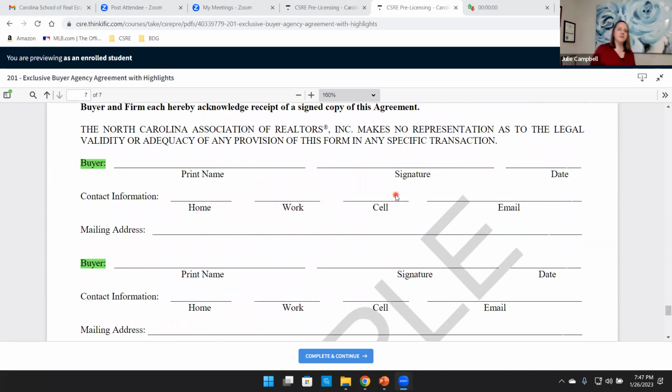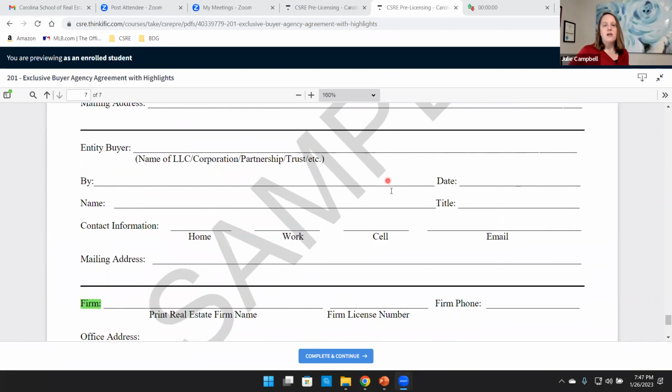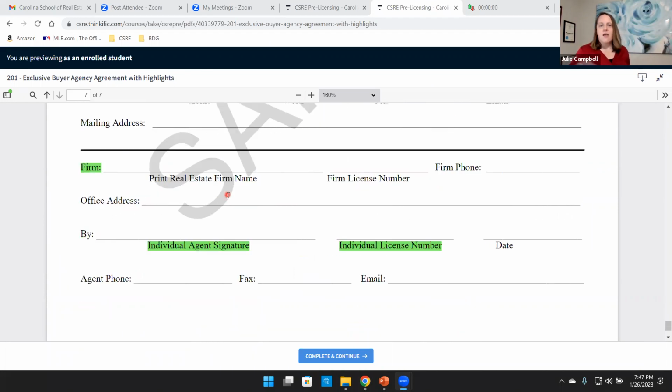Two places for the buyer to sign, print their name, signature, contact information. If you have more than two buyers, we have our additional signatures addendum. So we can add as many signatures as we need. If it's an entity buyer, if they're a corporation or LLC, we have their information there. And then we have the print the name of the real estate firm, the firm's license number and contact information.